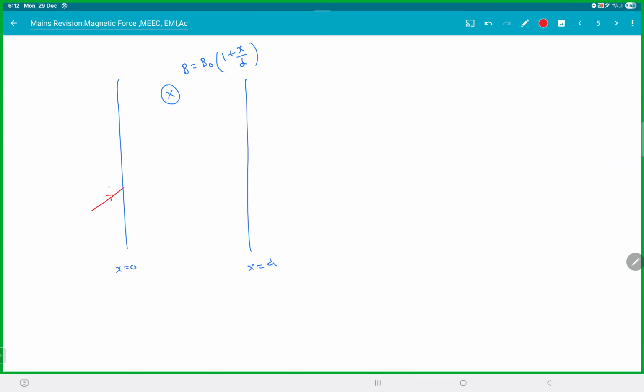Let's say it is entering at an angle alpha. Can you find beta then? Now, can you find the relation between alpha and beta? You can't use that formula now. This is a variable magnetic field.